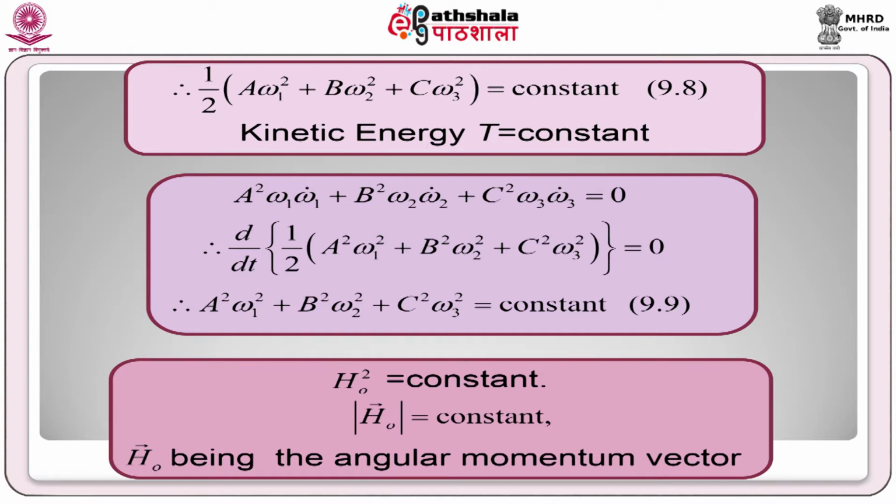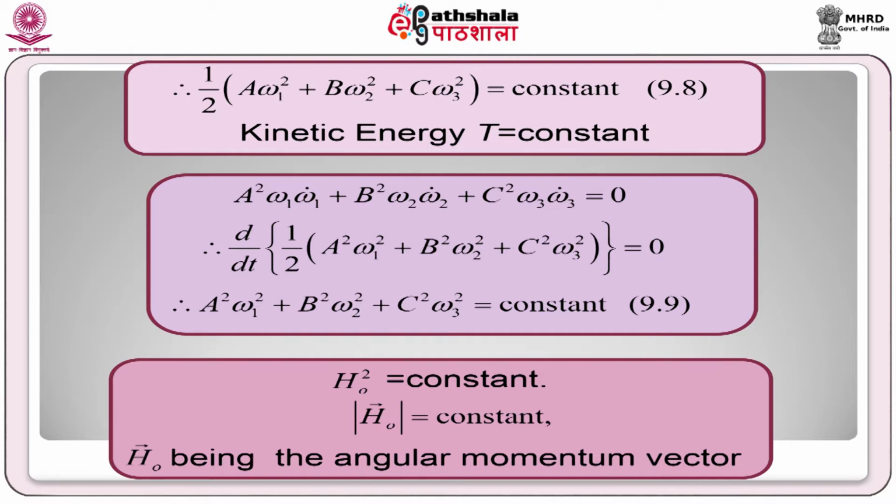Other terms cancel each other. This can be written in the following way, that is d/dt of half of capital A square into omega 1 square plus capital B square into omega 2 square plus capital C square into omega 3 square equal to 0. Here d/dt stands for the ordinary derivative with respect to time t.